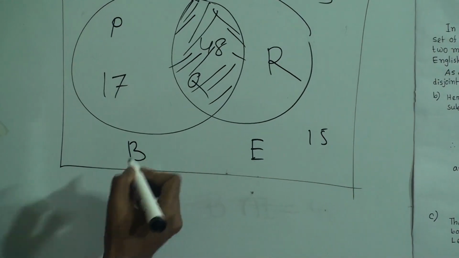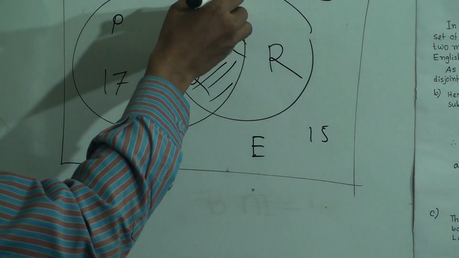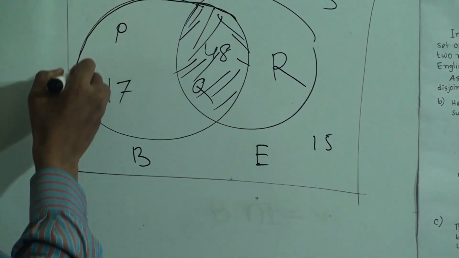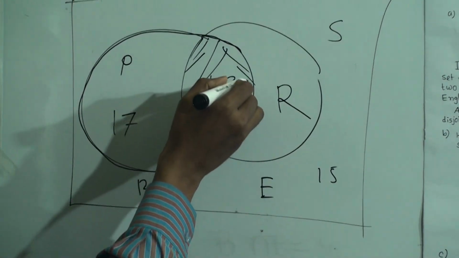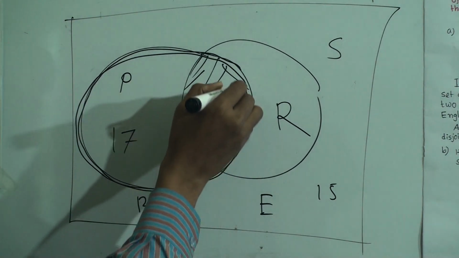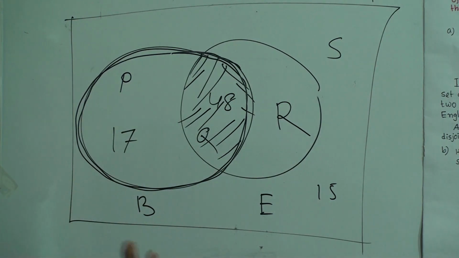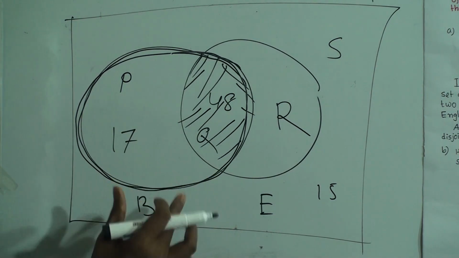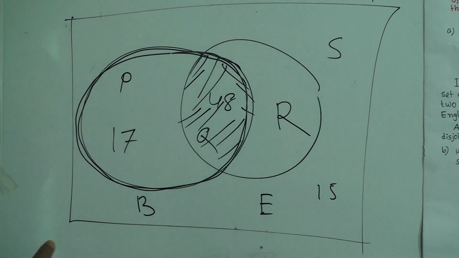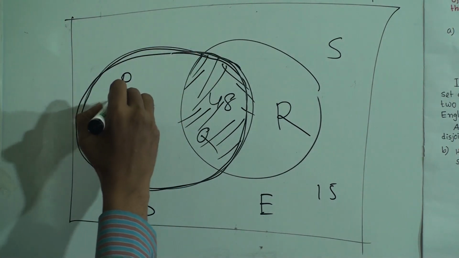Pass in Bangla, I told you, is 65. That means, including this area, this is pass in Bangla up to this. The 48 students are also included in this pass in Bangla. Now, when I ask how many pass only in Bangla, you have to consider only this.